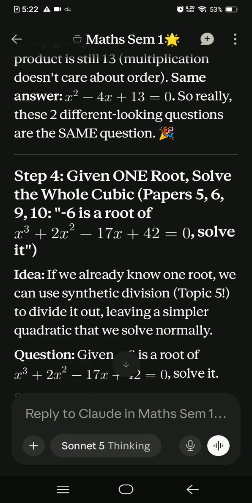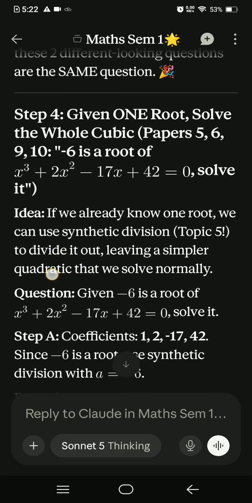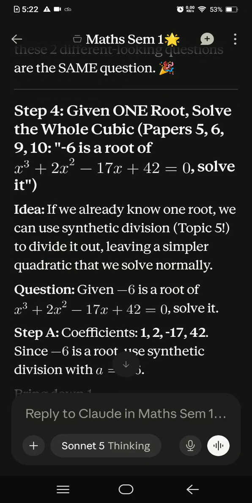Okay. Step 4. Given one root, solve the whole cubic. Paper 5, 6, 9 and 10. So given minus 6 is the root of this, solve it. Now idea, if we already know one root, we can use synthetic division, topic 5, to divide it out, leaving a simpler quadratic that we solve normally.